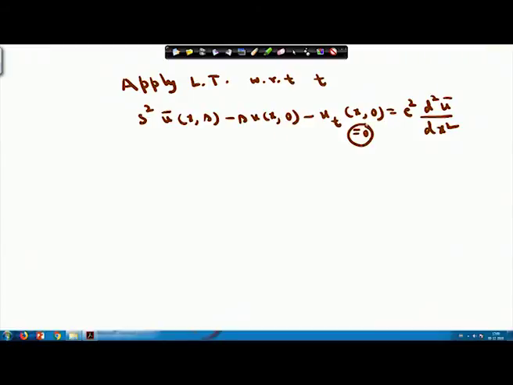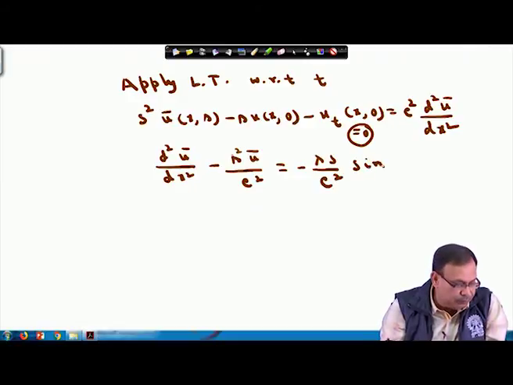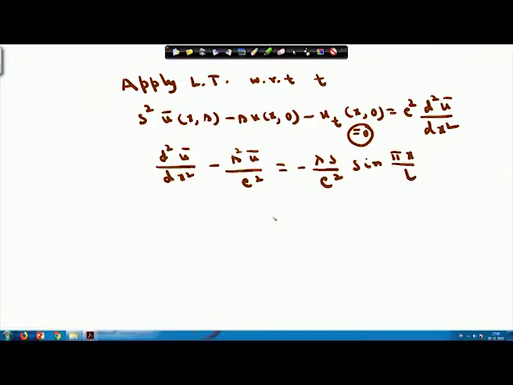So, if you substitute these values, you will obtain d2 u bar dx square minus s square u bar by c square equals lambda s by c square into sin(pi x by L).